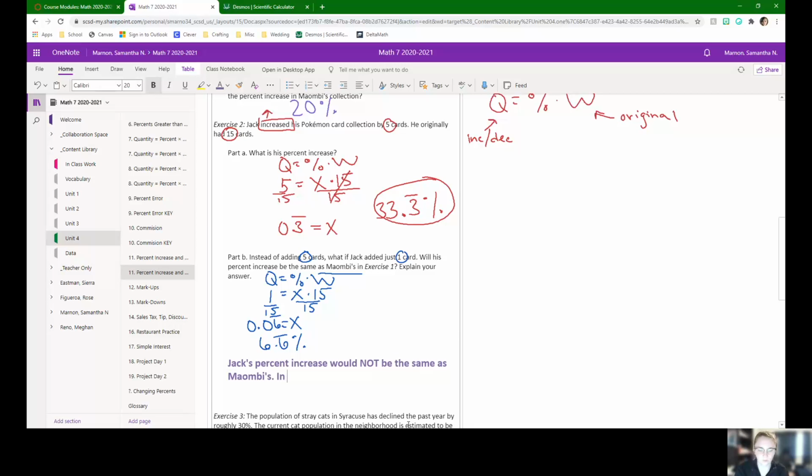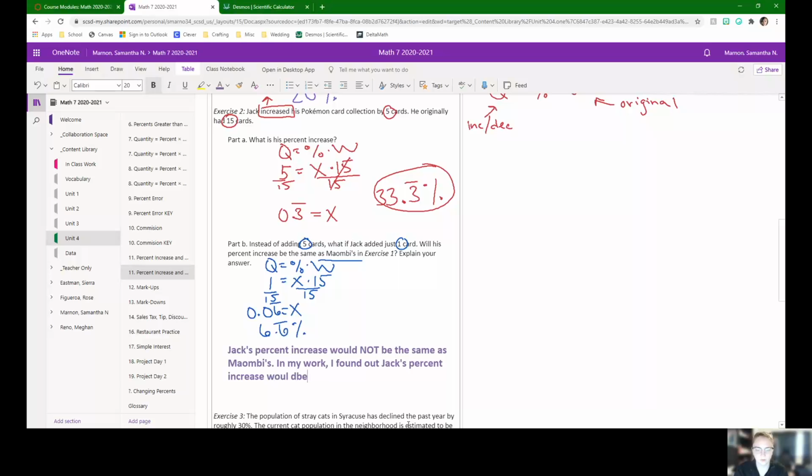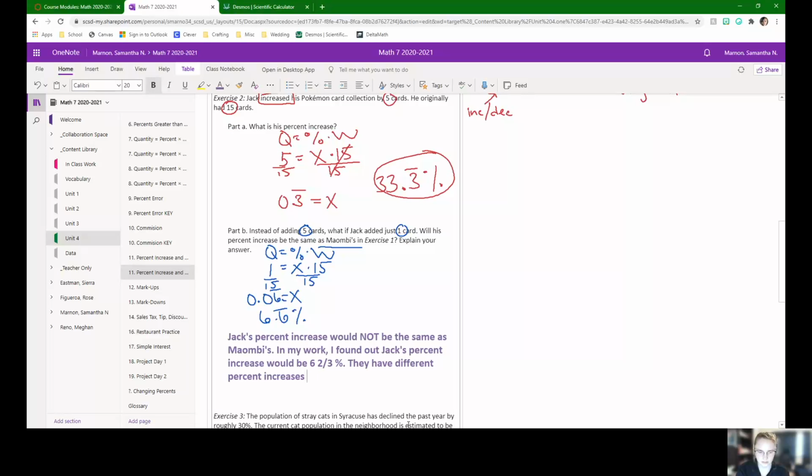So we can say in my work, I found Jack's percent increase would be 6.3% or 6.6 repeating percent. And we can say how it's different than Mounby's, and then you could write about how they're starting with different numbers. You can say they have different percent increases because they are starting with different wholes.